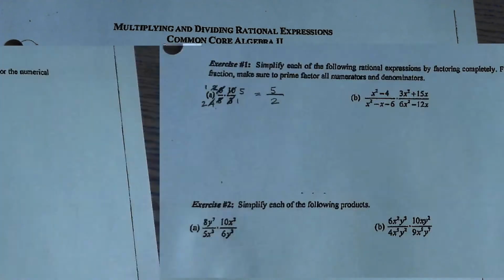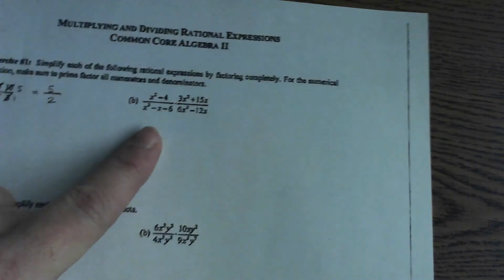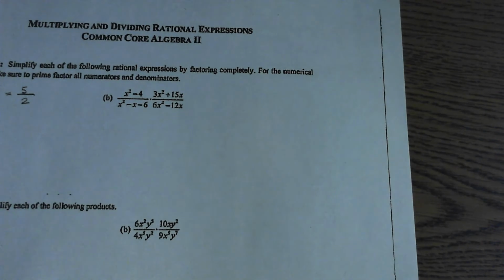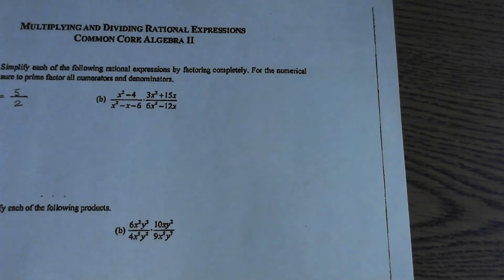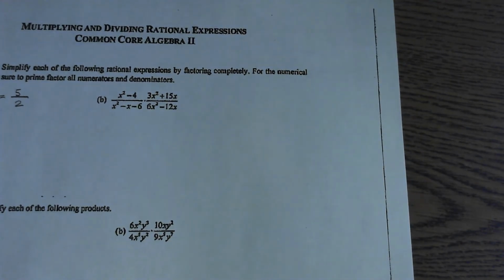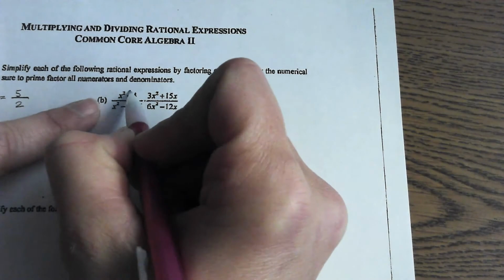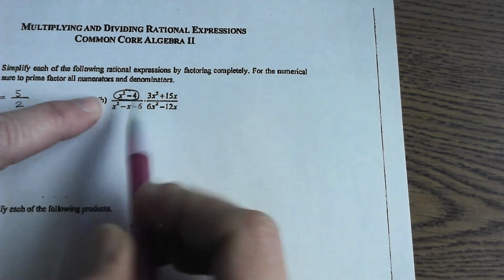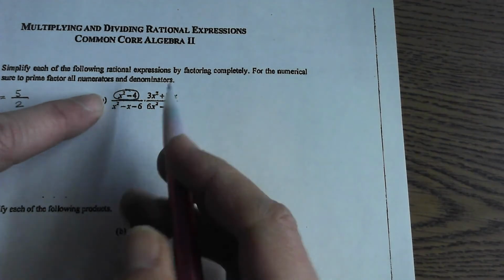Okie doke. So, in B, same idea, it just all has to be factored first. So the steps for simplifying a single fraction are factor, cancel. Those are really the same steps for multiplication, factor, cancel. So, Faye, what does this factor into?